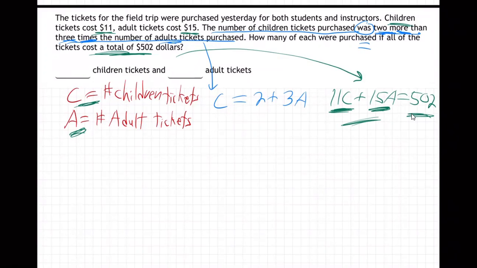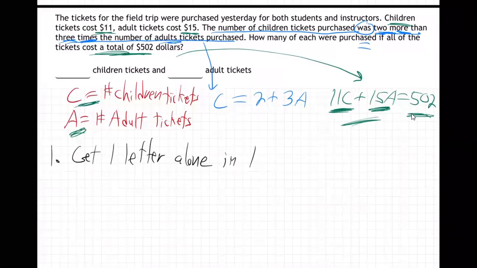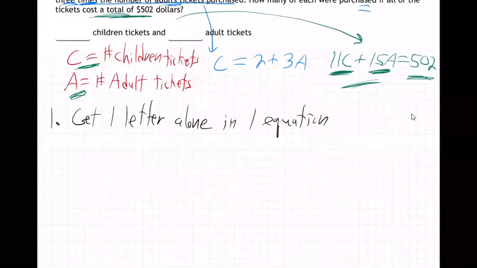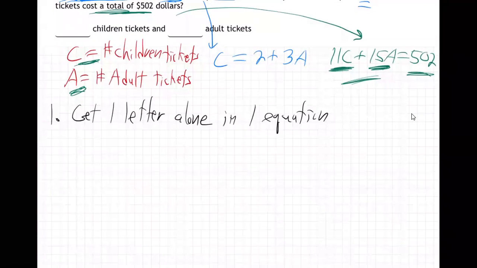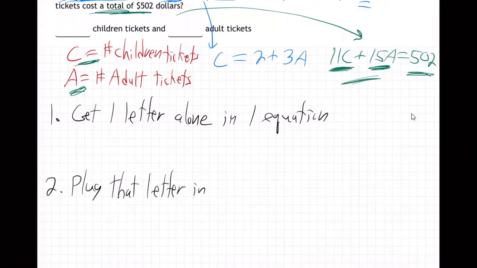And how do we always handle this? Step one, get one letter alone in one equation. Doesn't matter what letter, doesn't matter what equation. Just get one letter alone in one equation. And step two, plug that letter into the other equation.